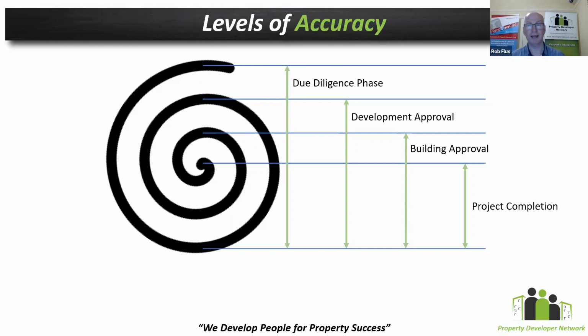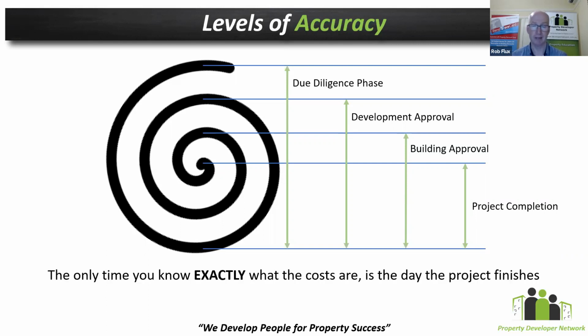And that's really where your feasibility numbers come in, and how you actually approach the feasibility, that I think I do a little bit different to many of the other developers that sit out there. So as I said, the only time you know exactly the final costs is the day the project actually finishes. And the reason why I do this slightly differently is I take a very fundamentally different approach.